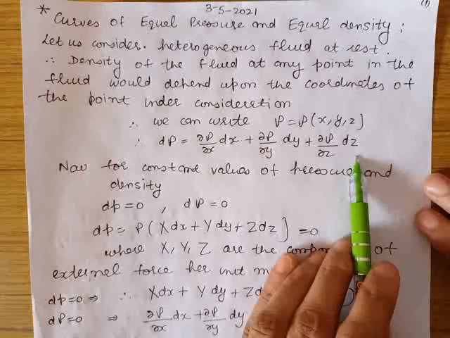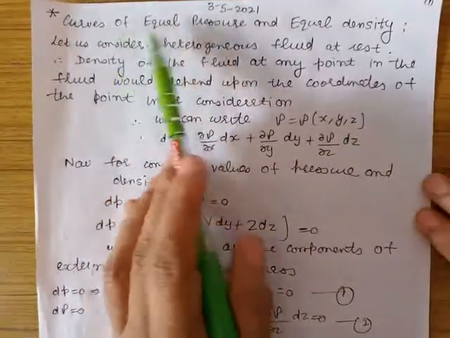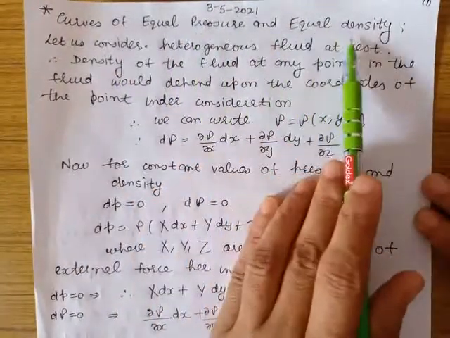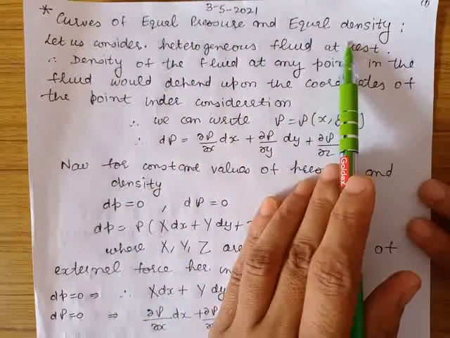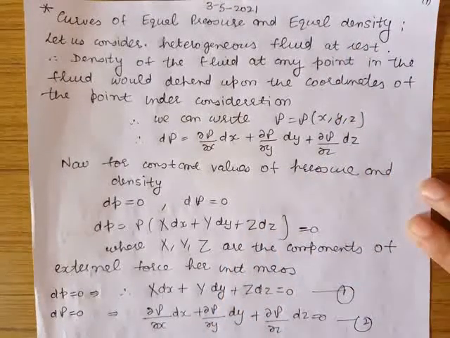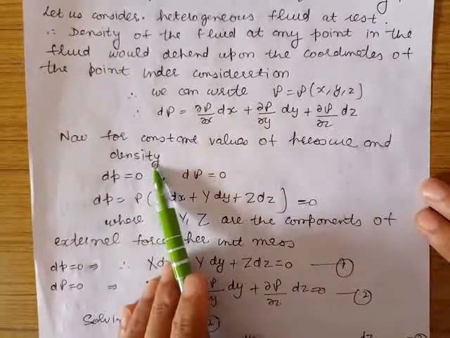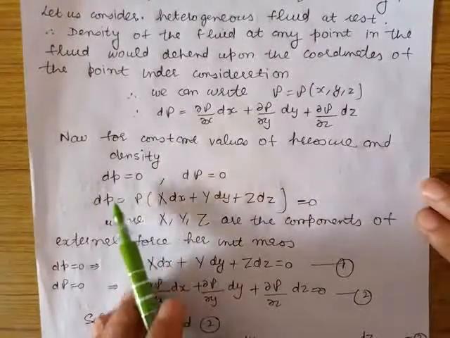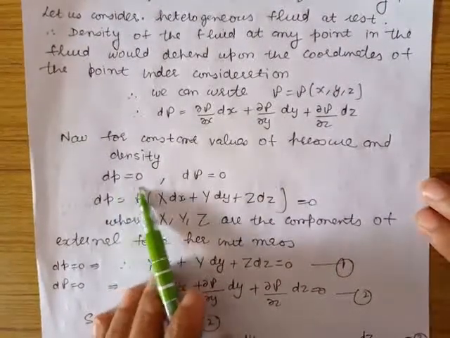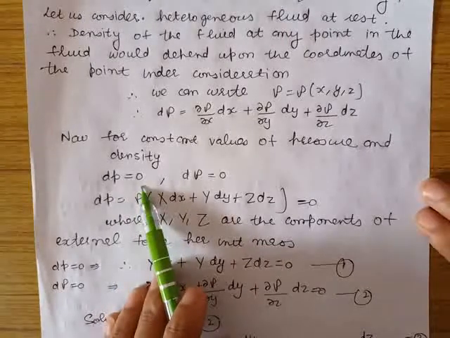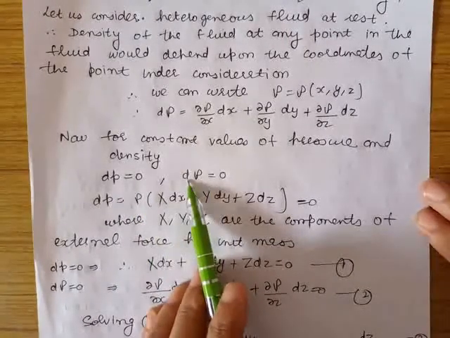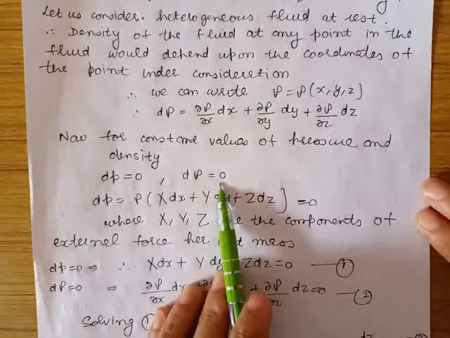Now, because we have to find the differential equation of the curve of equal pressure and equal density, we must have pressure and density constant. Pressure is constant, so dP will be 0, and density is constant, means dρ is 0.